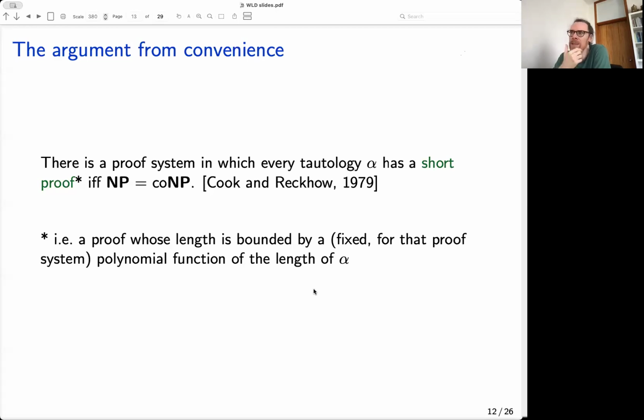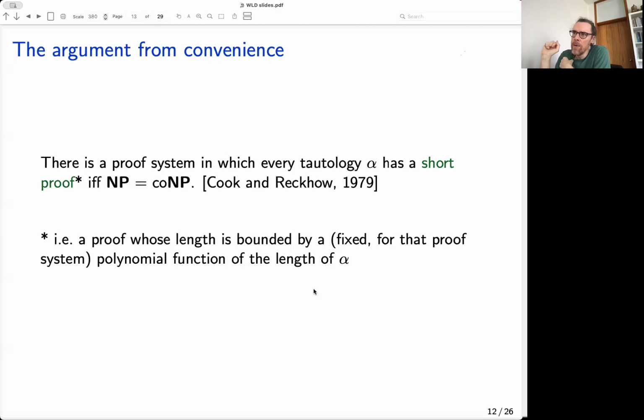Take an example of a central result from the proof complexity literature, from the original Cook and Reckhow paper I mentioned. There's a proof system in which every tautology has a short proof if and only if NP equals co-NP. And by short proof, they mean one whose length is polynomially bounded.